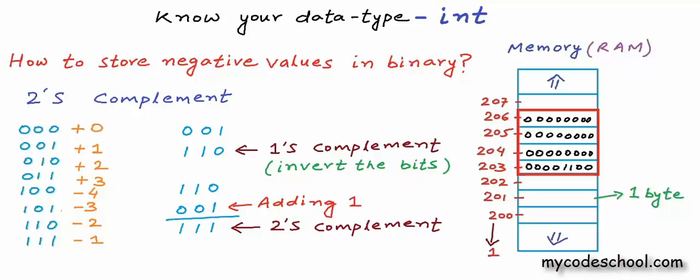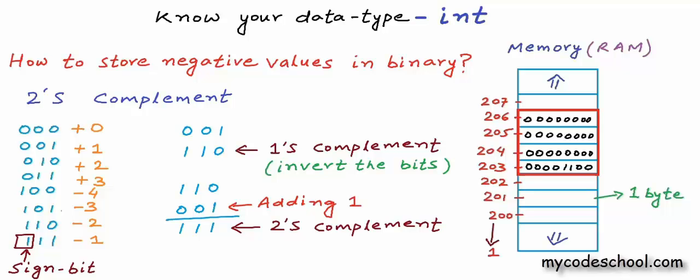Now, once again, with this system, the most significant bit of all the negative numbers would be 1, and the most significant bit of all the positive numbers would be 0. So here also we can call the most significant bit the sign bit, because by looking at this bit we can decide whether it's a positive number or a negative number.